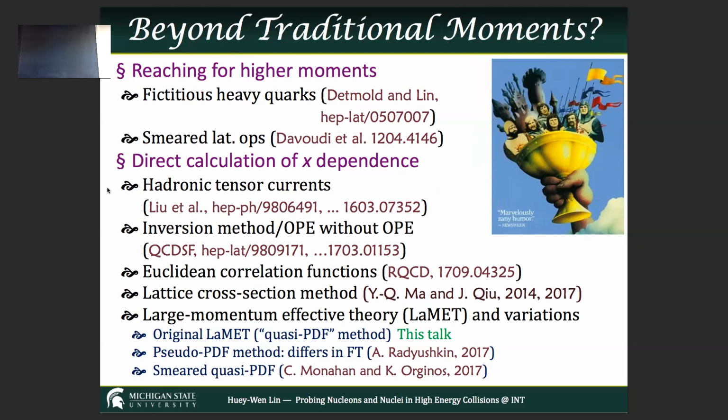There's a lattice cross-section method that's proposed by Junwei and other people who are working on that. And then there's also an idea about large-momentum effective theory, and I would just call this a general classification. They are very different in how you carry them out. For this talk, I'm going to focus on the original LaMET method, and some people call it quasi-PDF.